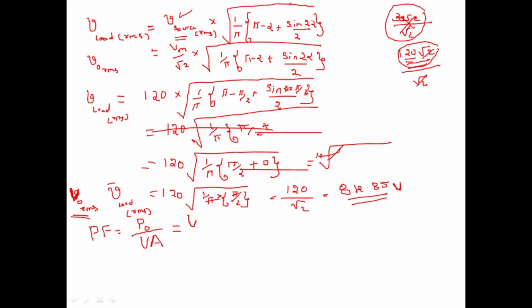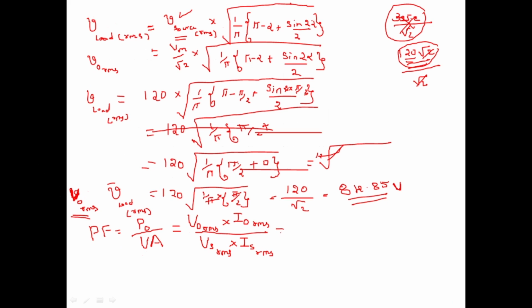So V0 output voltage RMS into output current or load current RMS divided by VA. V means source voltage RMS, A means amps, means input current, source current RMS.